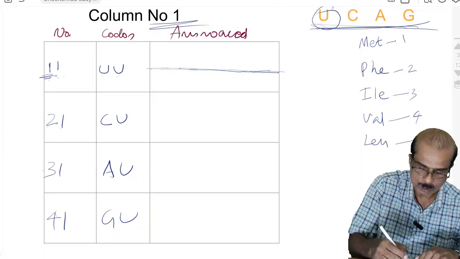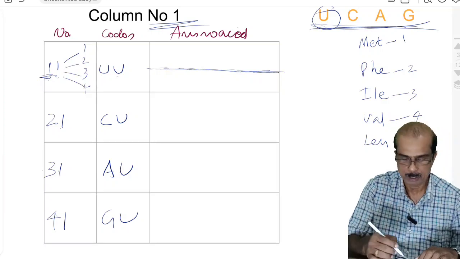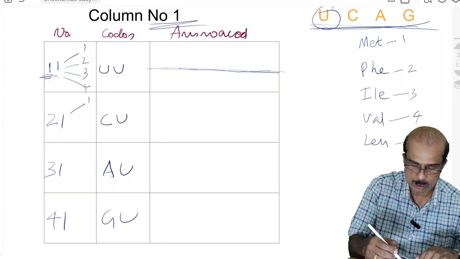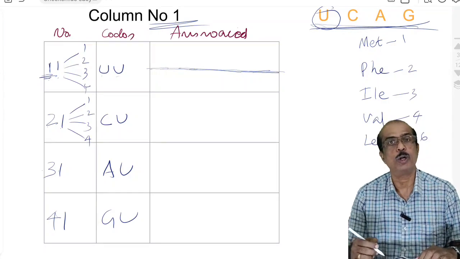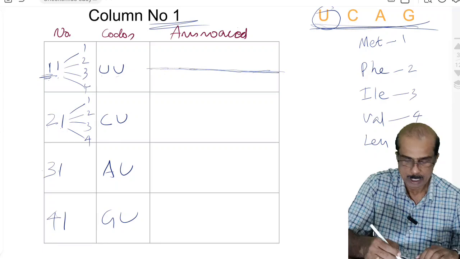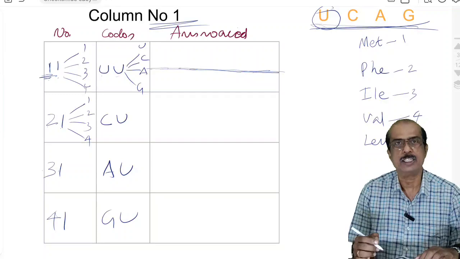Then the third digit is the serial number 1, 2, 3, 4 inside each box. The third digit of the number of each codon is the serial number inside each box: 1 is U, 2 is C, 3 is A, and 4 is G, UCAG.